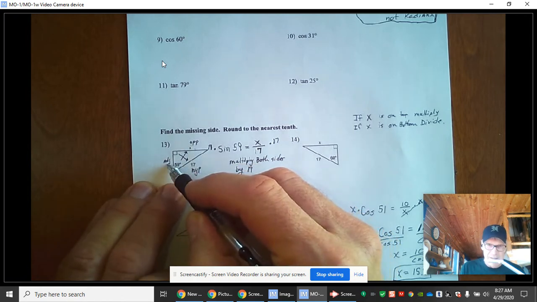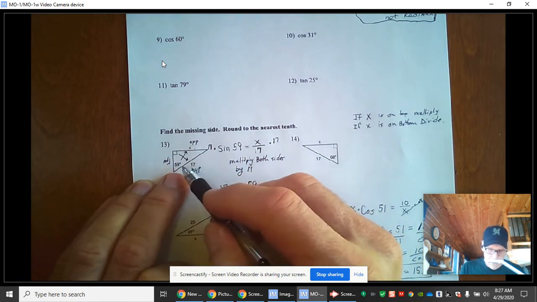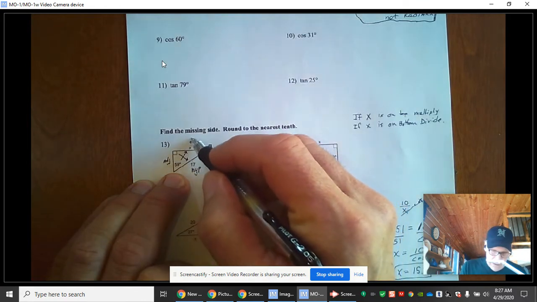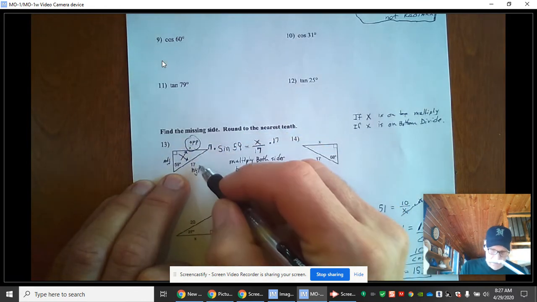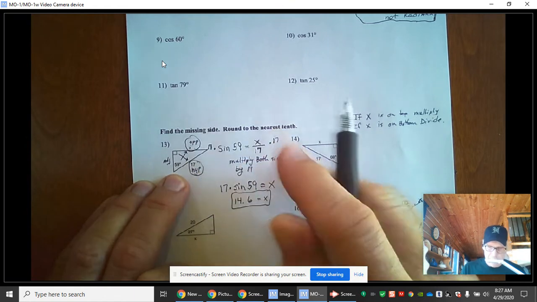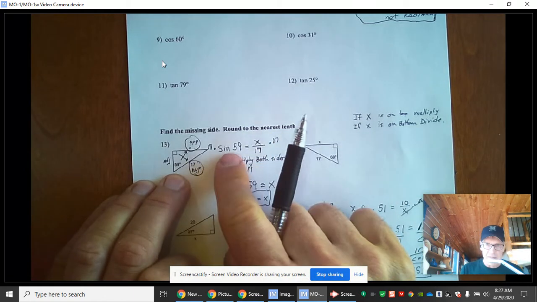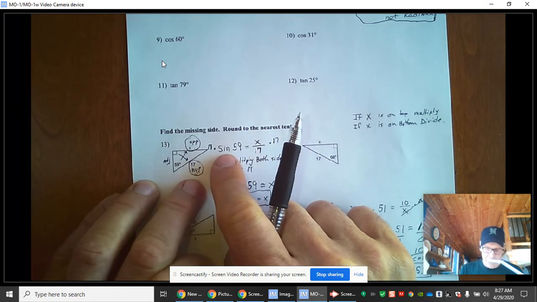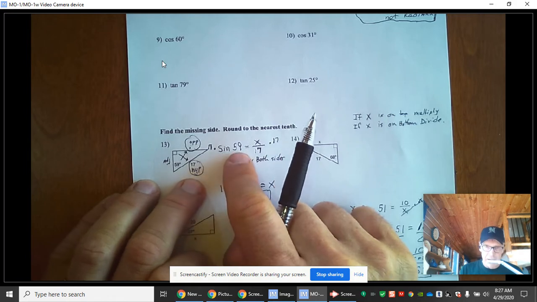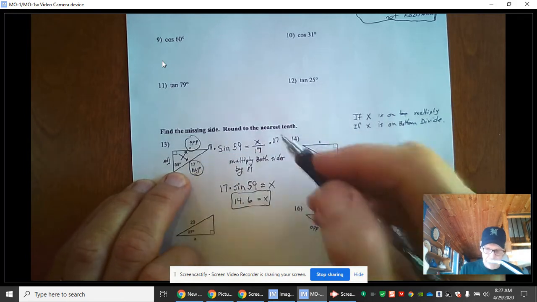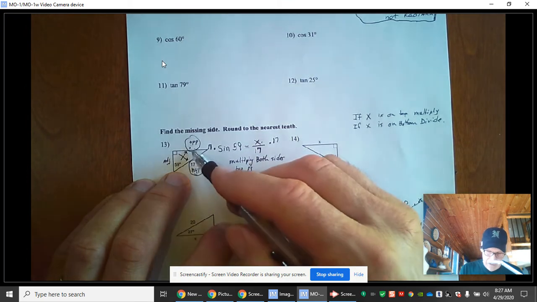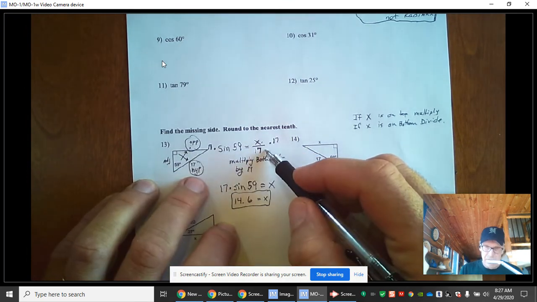Here's my adjacent. Now, what do they give me? Well, I know the opposite and I know the hypotenuse. Opposite and hypotenuse is the sine. So I'm going to use the sine of 59 is equal to the opposite, which is x, over the hypotenuse.